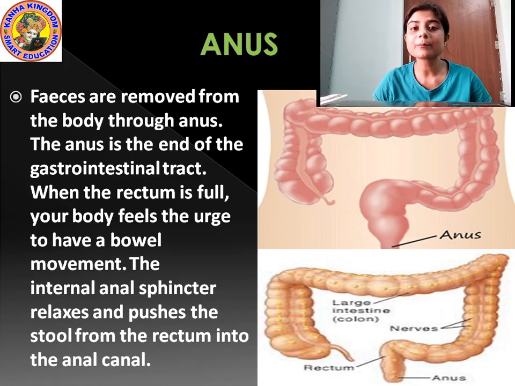And this liver produces bile juice through which some fats and some vitamins get digested.